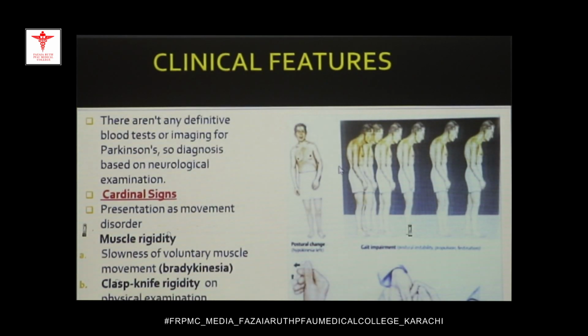Now the clinical features. I've already mentioned that it's a movement disorder, with slowness or paucity of movements. There is rigidity throughout in the muscles of the body, which keeps on increasing as the disease advances. In fact, mostly it's a clinical diagnosis.